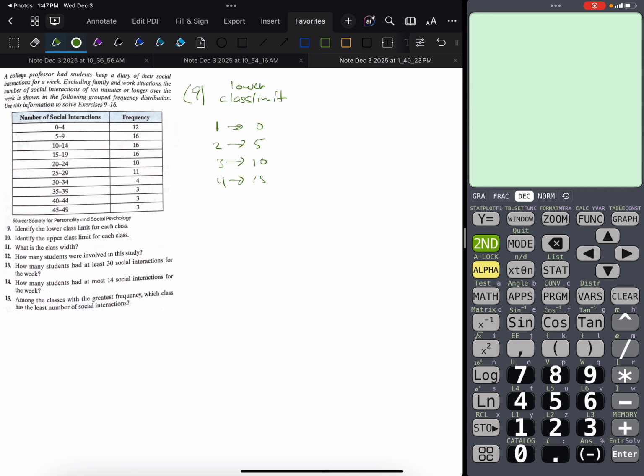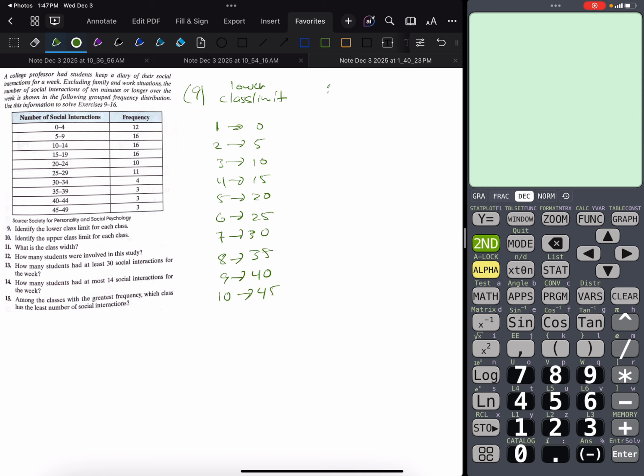Class 4, 15, class 5, 20, class 6, 25, and you get the idea. Class 7, 30, class 8, 35, class 9, 40, and class 10, 45.